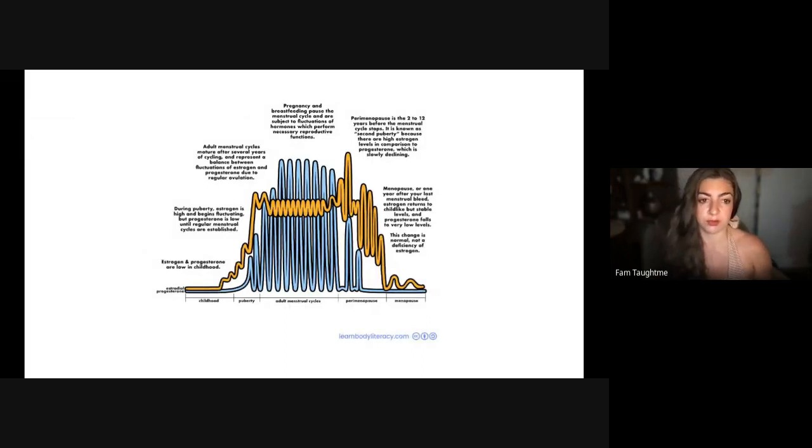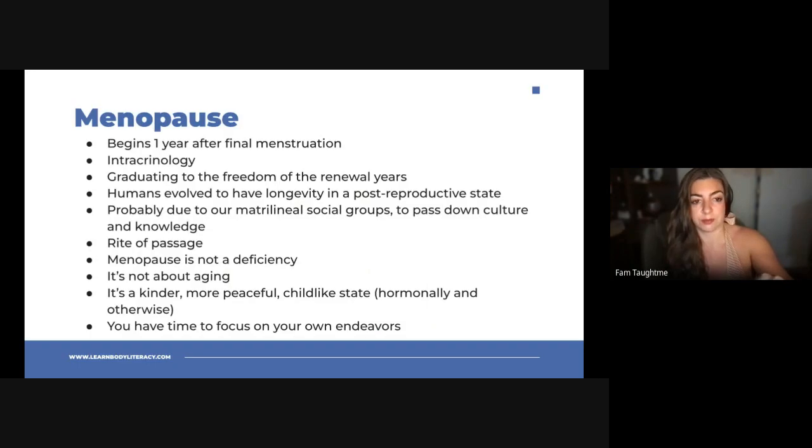But once you actually reach menopause, a year after your last menstruation, the hormones really should be way more stable than they are during the perimenopausal years. And the way that you care for yourself during perimenopause will also affect the menopausal years. So, for instance, if you care for the body during perimenopause, then during menopause, you may not continue experiencing symptoms that people commonly experience, such as night sweats and things like that. So yeah, keep that in mind.